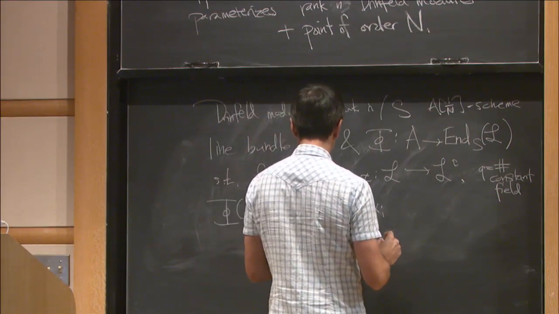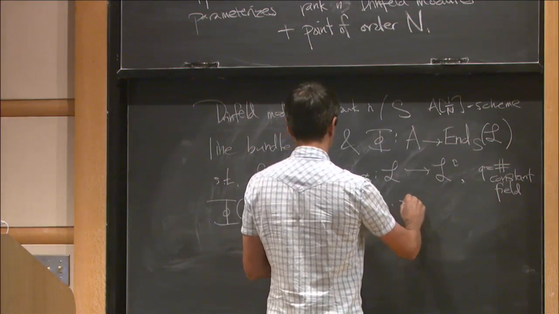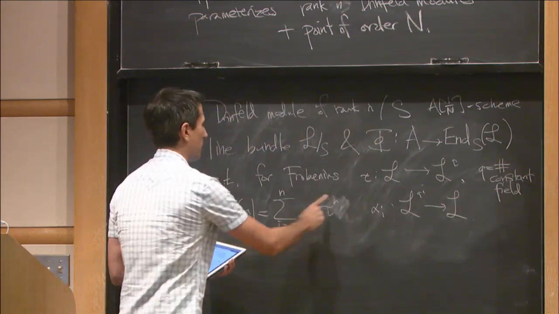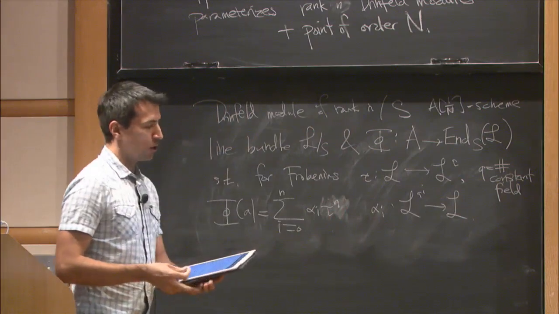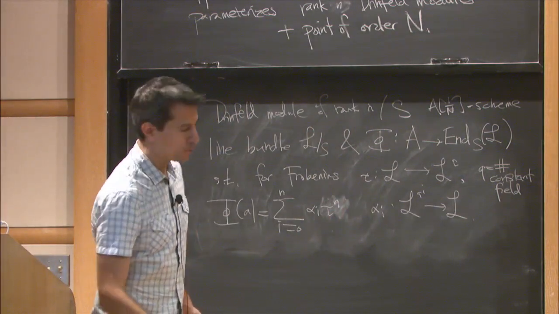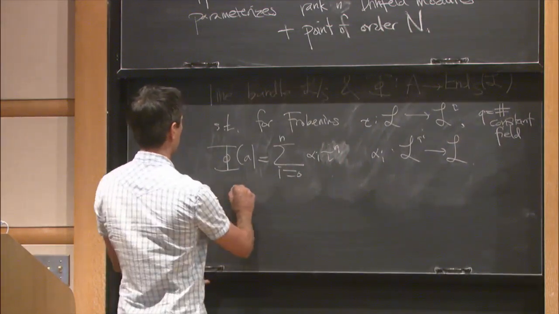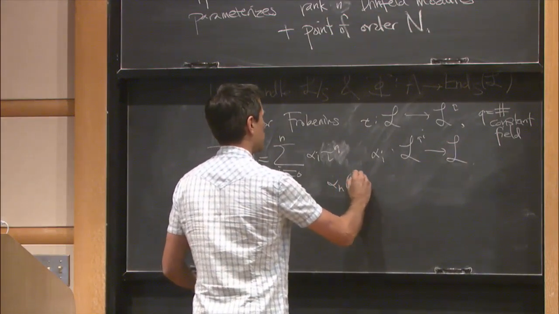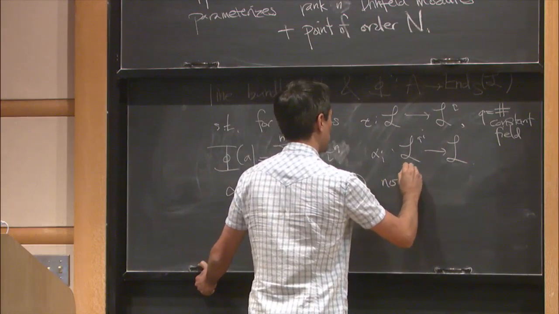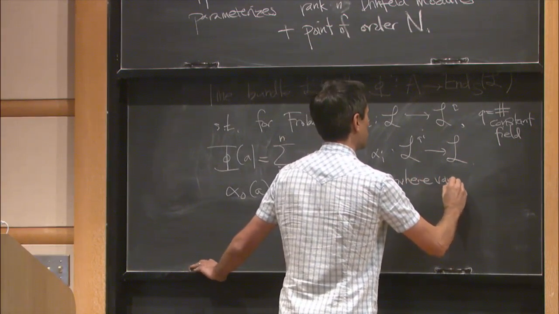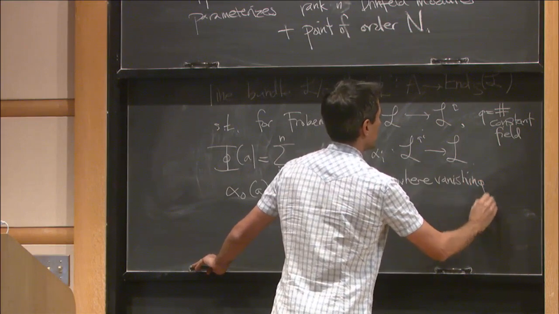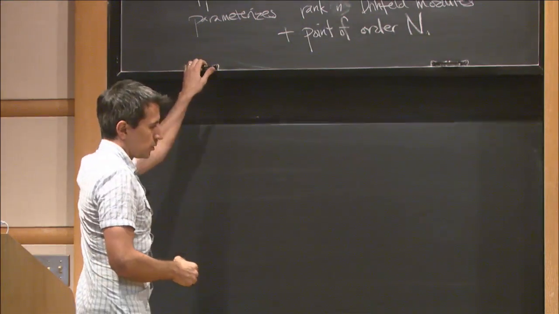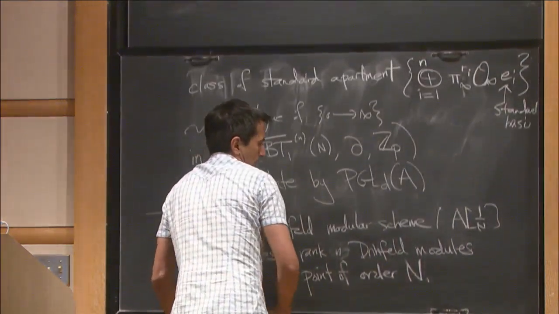Alpha i is a map from L to the Q to the i to L. And we want alpha 0 of a to be a, and alpha n of a should be nowhere vanishing. So it's really exactly degree n, otherwise you have something which would be like a generalized Drinfeld module.